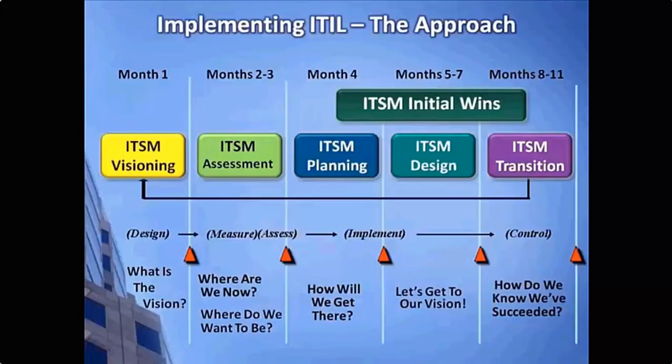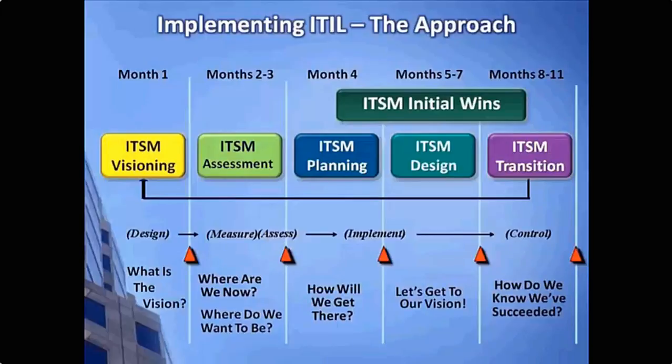Here's a review of our implementation approach that we saw in Module 1. We start with the ITSM visioning step. Once we have that vision, we then do an assessment, take a baseline, and see how we compare against that vision. We then go into the planning step, which is getting our efforts, projects, and programs pulled together.